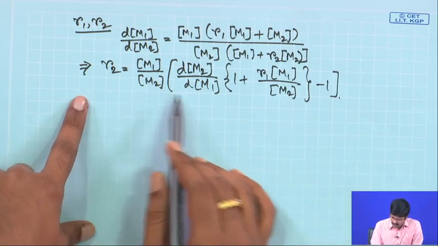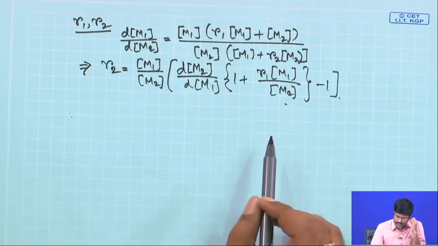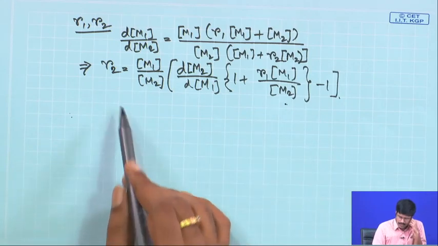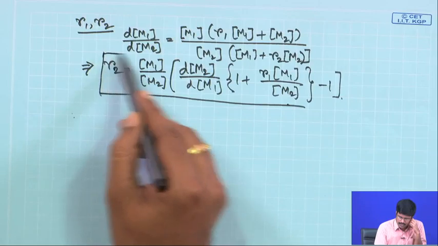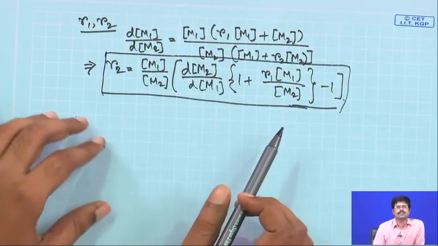So, this is the expression of R2 here. So, what you can do is that your R2 and R1 are linear in this particular expression.